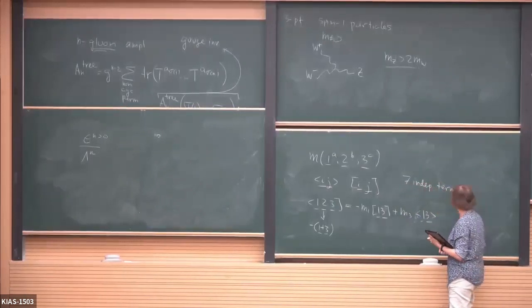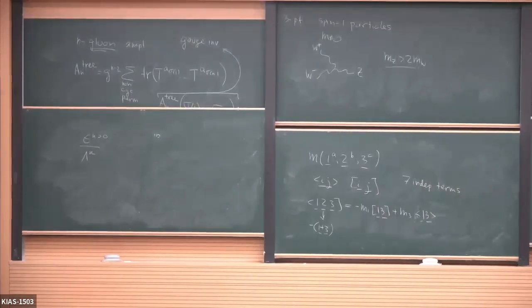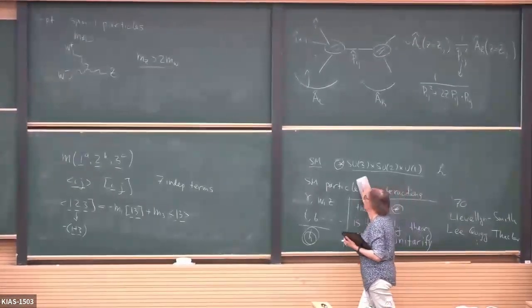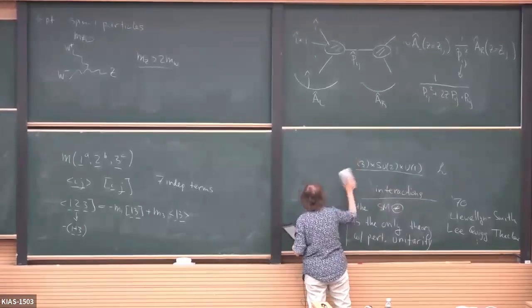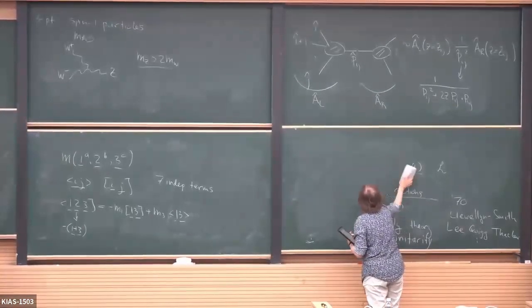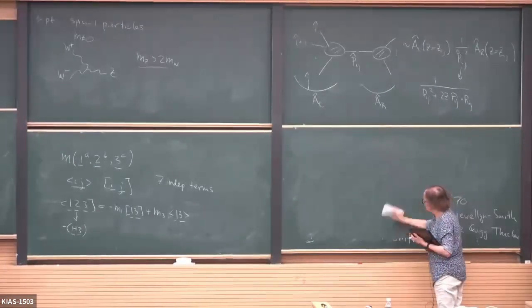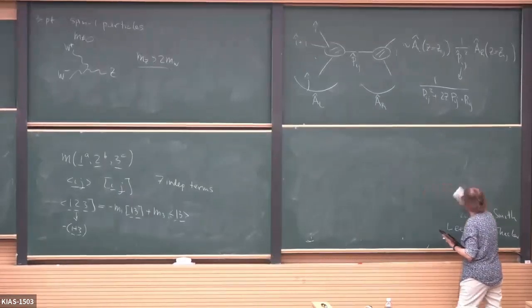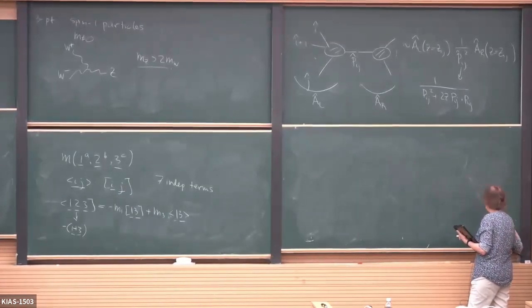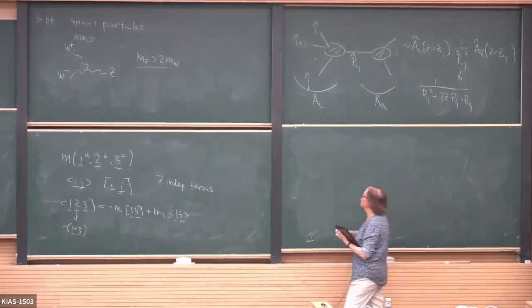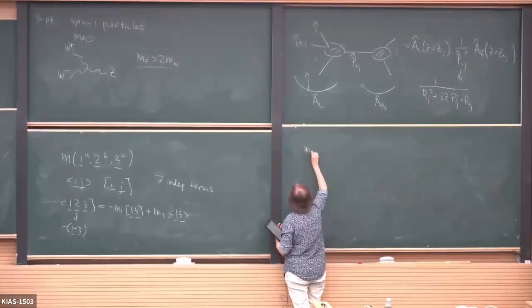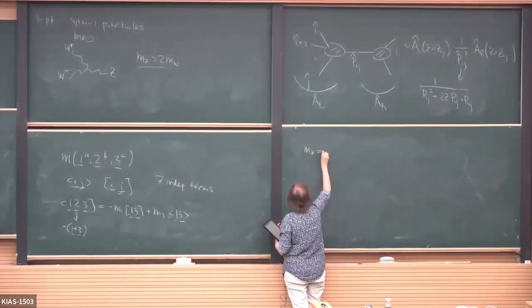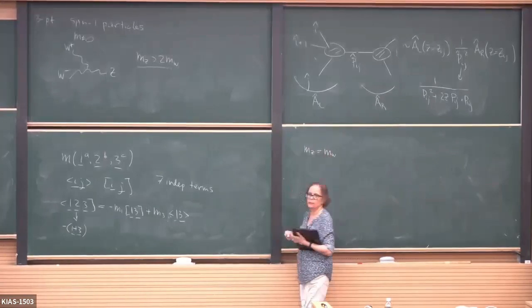Now, I'm not going to write all these 7 independent terms on the board, because it's a little too much. But instead, let's consider the limit that these 3 guys are degenerate. So let's imagine for a second that MZ is the same as MW.